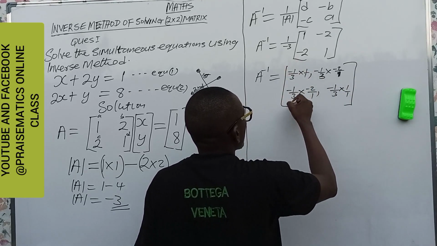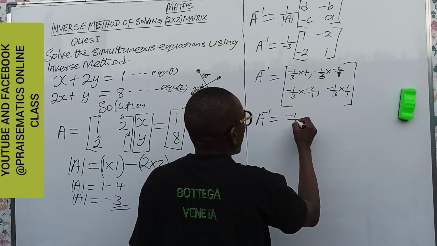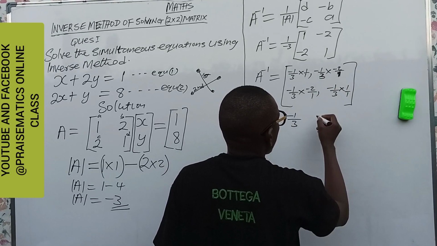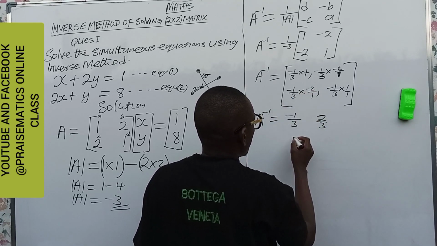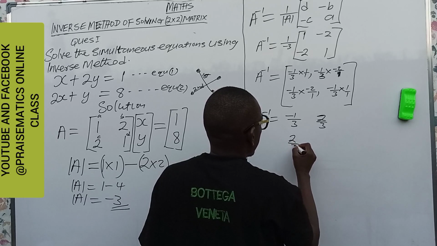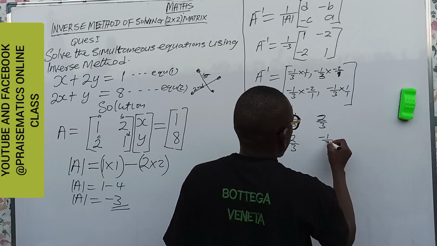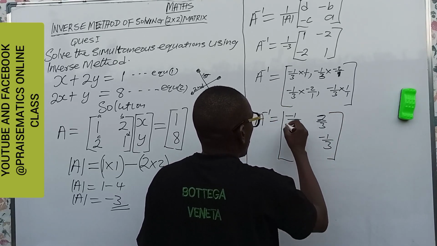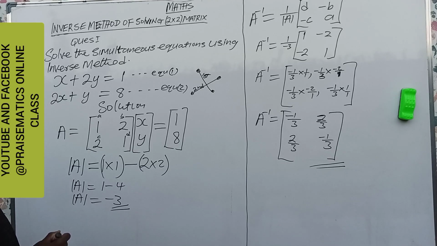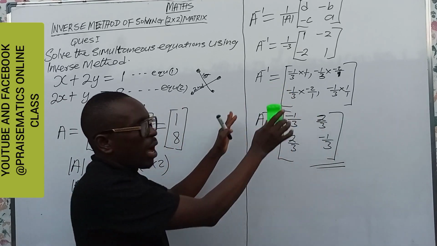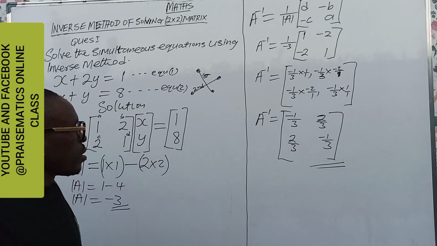Now, our A inverse is equal to minus 1 over 3. Minus times minus will give us 2 over 3. Minus times minus will give us 2 over 3, and minus times this will give us minus 1 over 3. And this is what we call our A inverse. That is how to look for the inverse of the matrix A. Okay, I hope you are done. We have succeeded in getting A inverse. Are you okay?